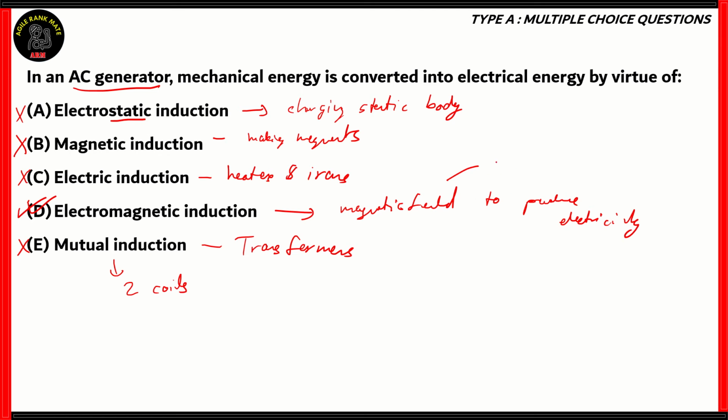Now, the magnet can be rotated using various forms of energy, whether it's water or steam from burned coal, etc. So that's how electromagnetic induction helps an AC generator. Therefore, in an AC generator, option D, electromagnetic induction, is the process by which mechanical energy is converted into electrical energy.